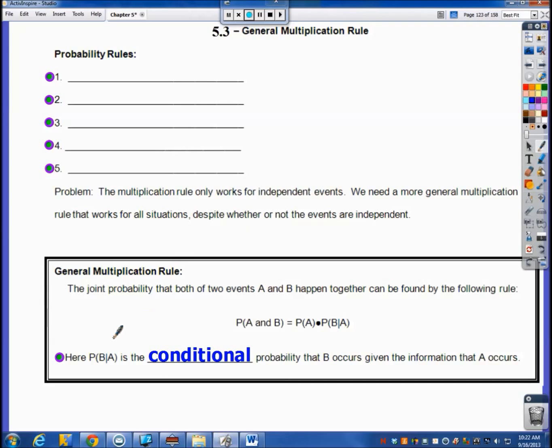And anytime you see that line right there, then you can say the word given. So the probability of B given A has occurred. Okay, so you're given some extra information. We know A has occurred, so does that in fact affect the probability of event B occurring? Is it still the same, or has it now been slightly altered?